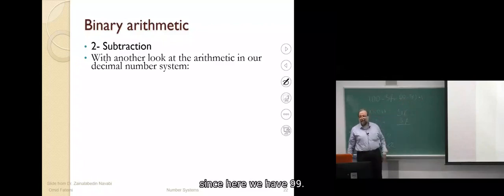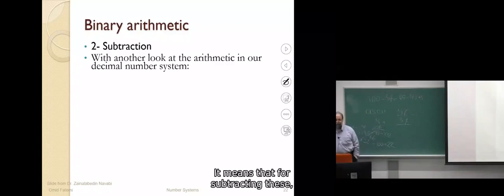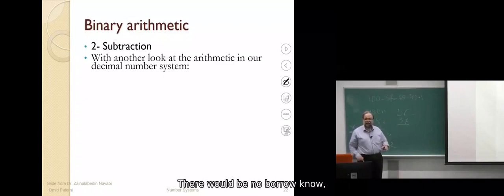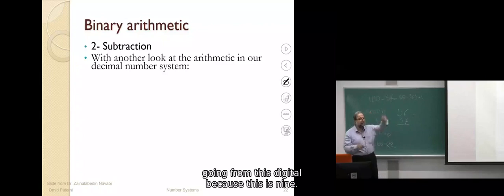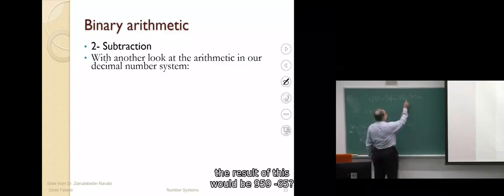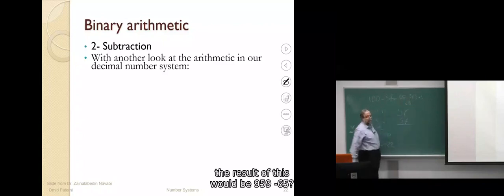Since here we have 99, it means that for subtracting this, you just need to do it one digit by one digit. There would be no borrow, no going from this digit to that, because this is 9. Because this is 9, the result of this would be 65.